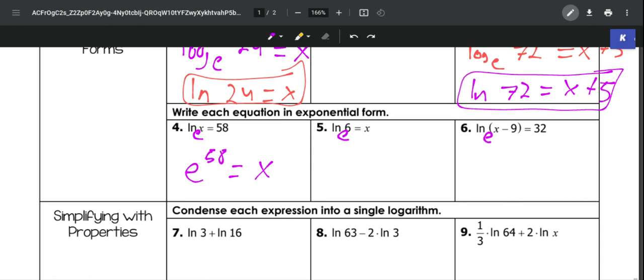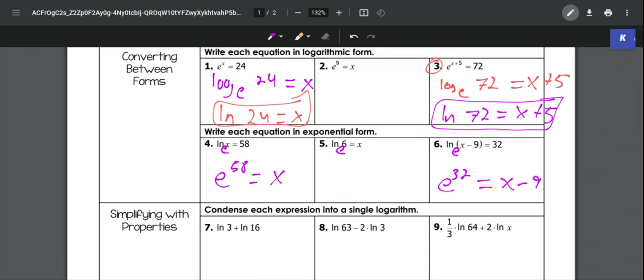So if we want to rewrite this in exponential form, that e is our base. It's going to come down and become our base, and then 32 will become our exponent here. Whatever your logarithmic equation's equal to, that's what you use as your exponent. And then this x minus 9 is what everything's going to be equal to. So like I said, these are pretty easy to rewrite in different forms.